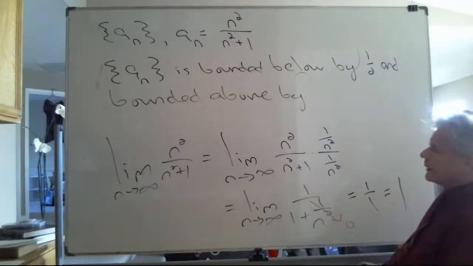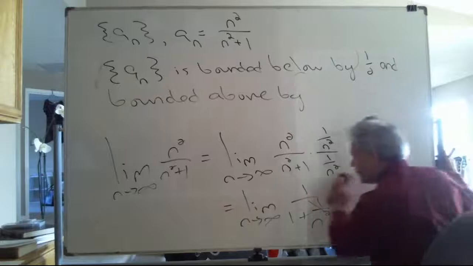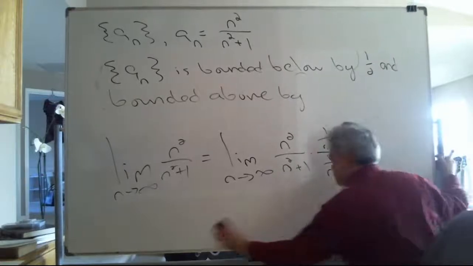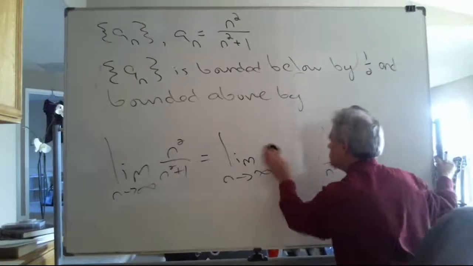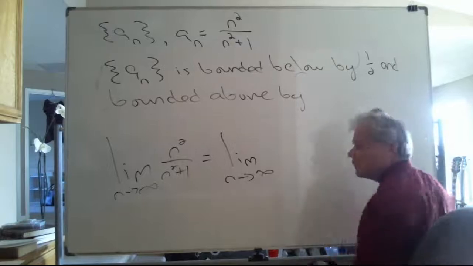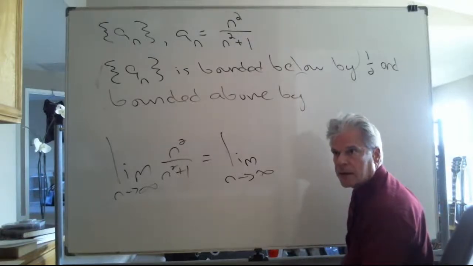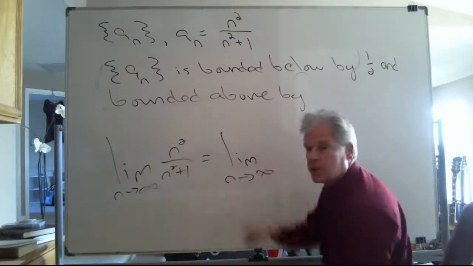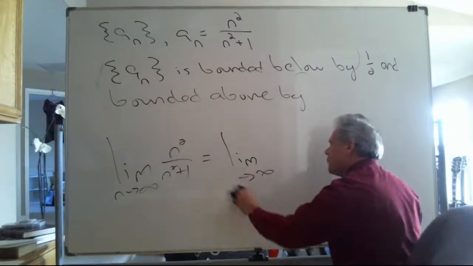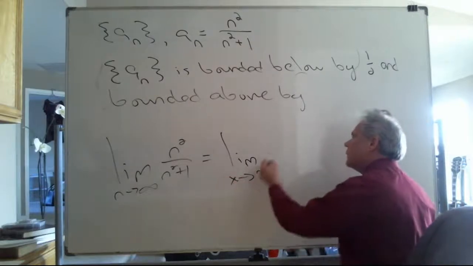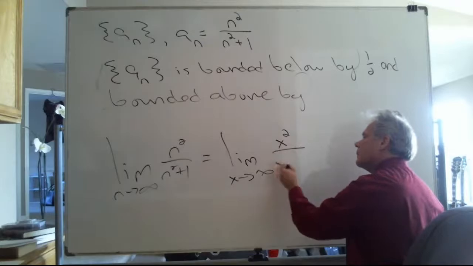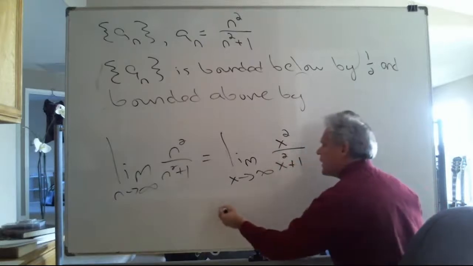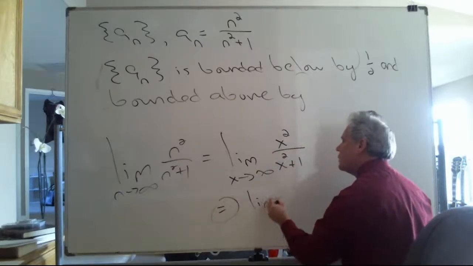So second way of looking at it. Or how about this? A third way. Use L'Hopital's rule. Oh, but I can't. That's a discrete variable. So let me make a switch. Here's one application of L'Hopital's rule.